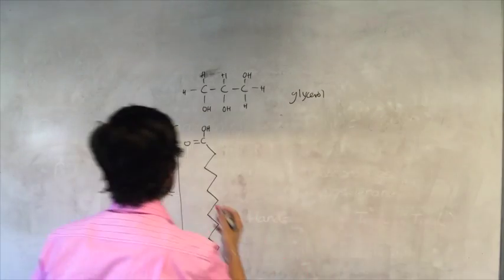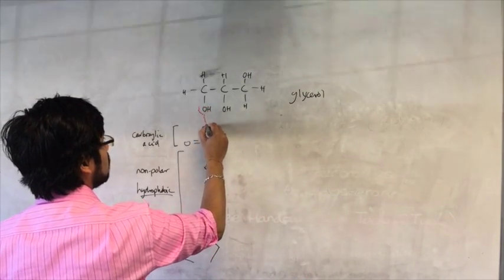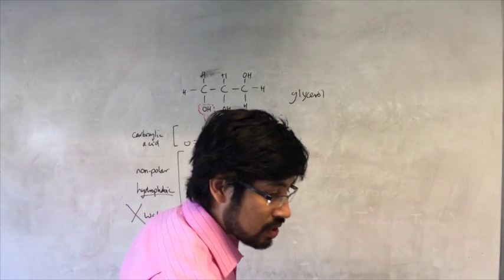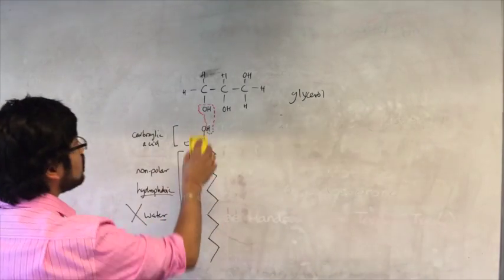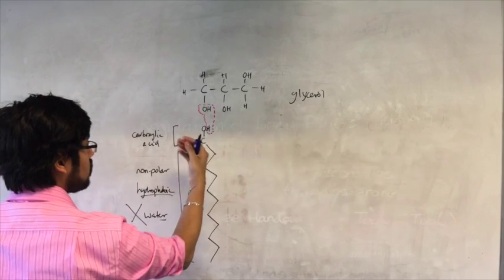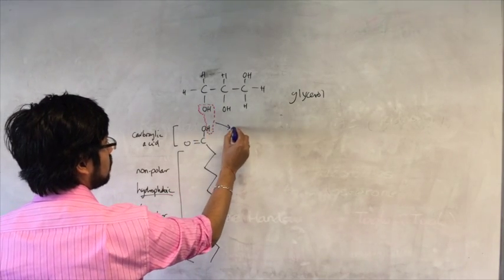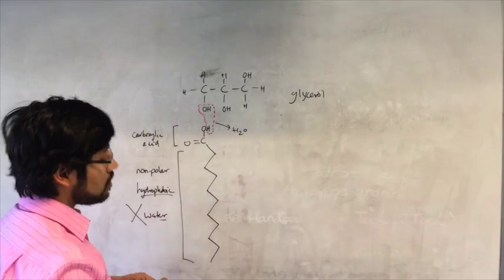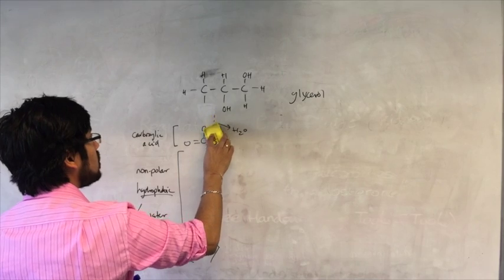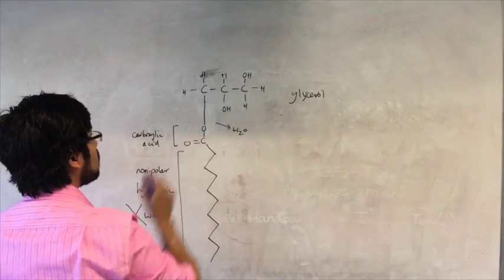Now, let's see how this works. There's going to be a condensation reaction here, and that will lead to a new covalent bond forming between the fatty acid and the glycerol, and the loss of water. So that water will come off there, and we'll have a new covalent bond between the oxygen and the carbon right there.